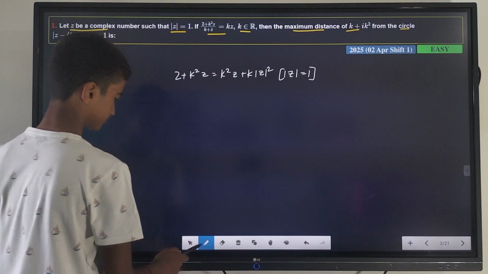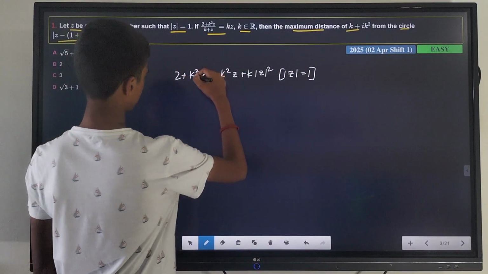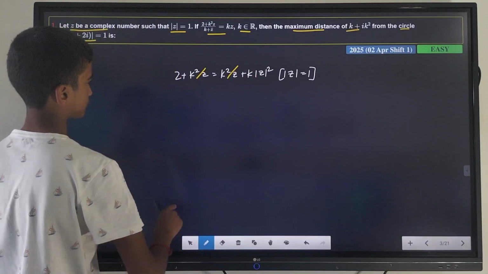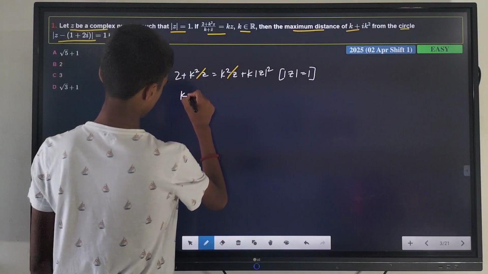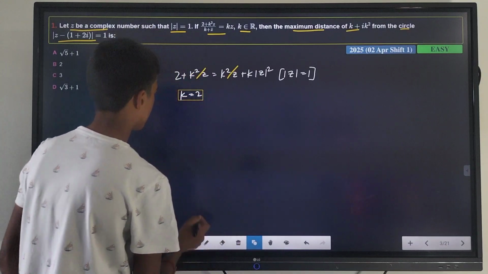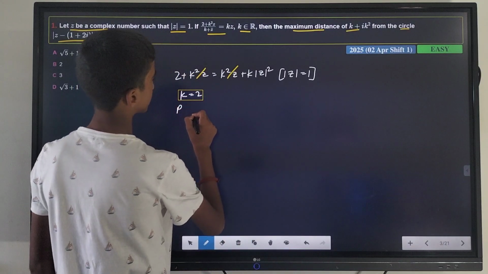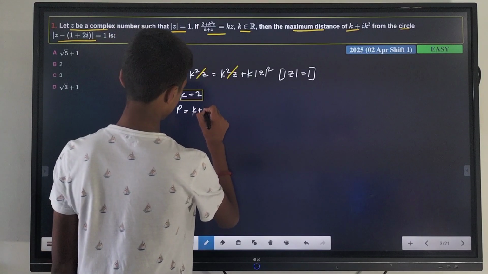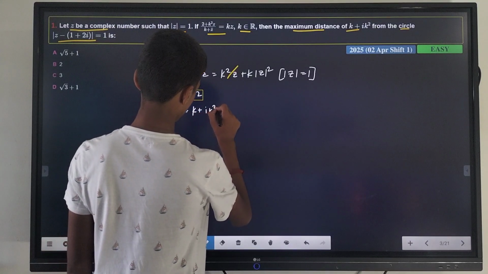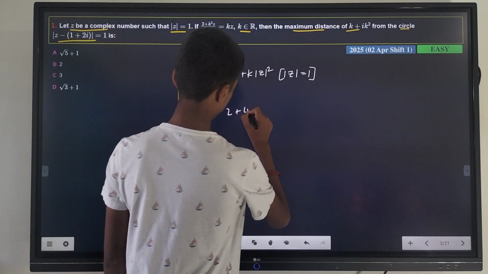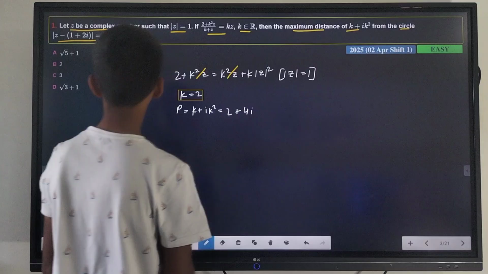So from here these two will get cancelled. Mod of z is equal to 1, so our k is equal to 2. Let's say our point P, which is k plus i k square, will be equal to 2 plus 4 iota.